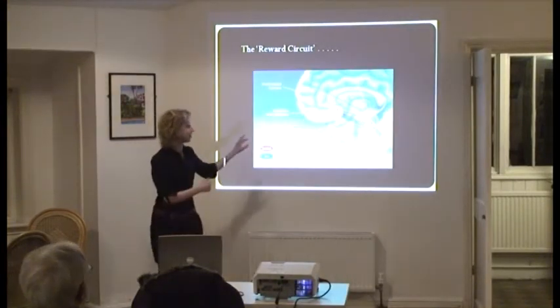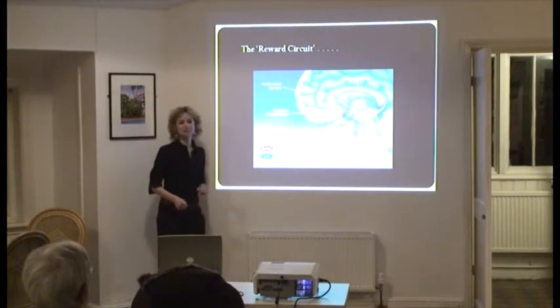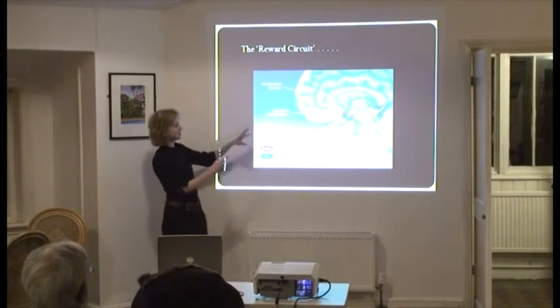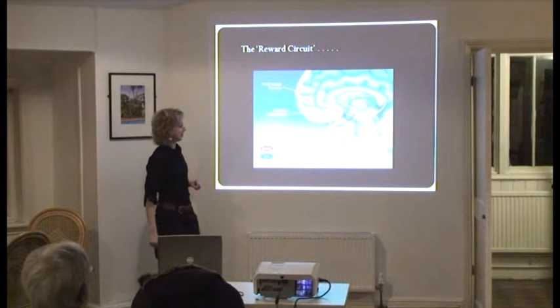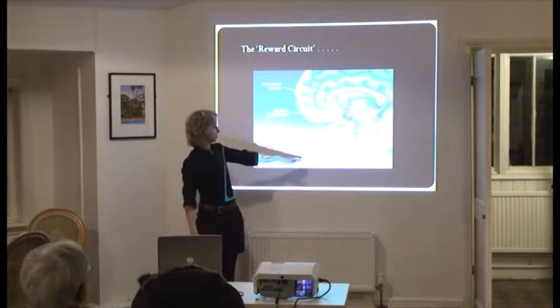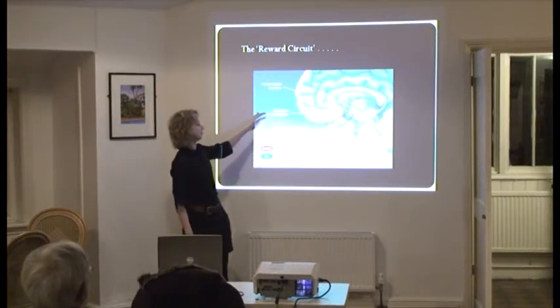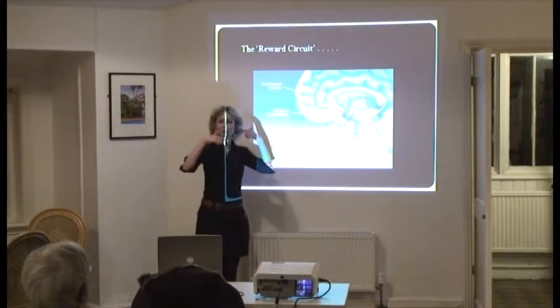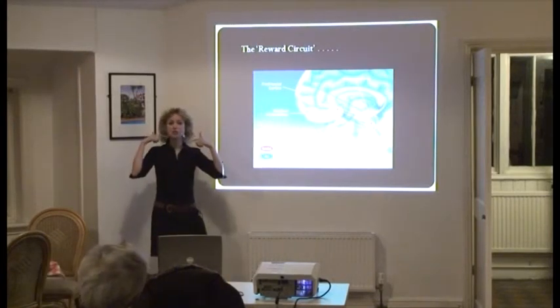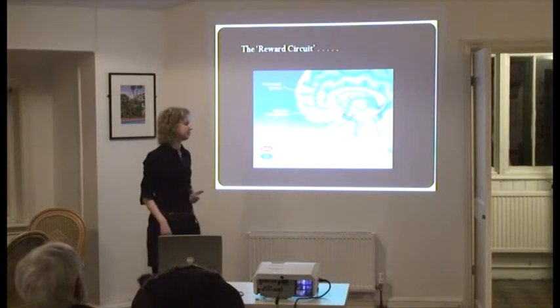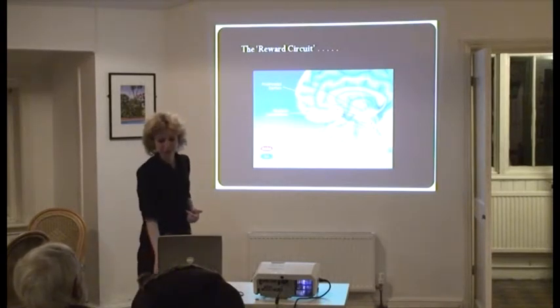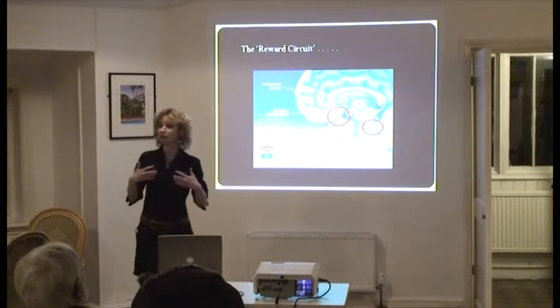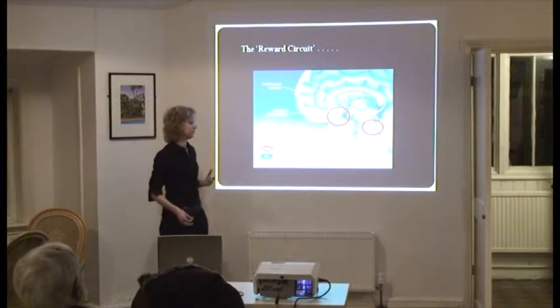So let's have a quick look at the reward circuitry system in the brain. There's various different, completely unpronounceable areas, such as the ventral tegmental area, nucleus accumbens, prefrontal cortex. These are all involved in a big circuit that is known as the reward circuit in the brain. And what's been found during these fMRI studies is that two particular areas become active when you view infant faces.